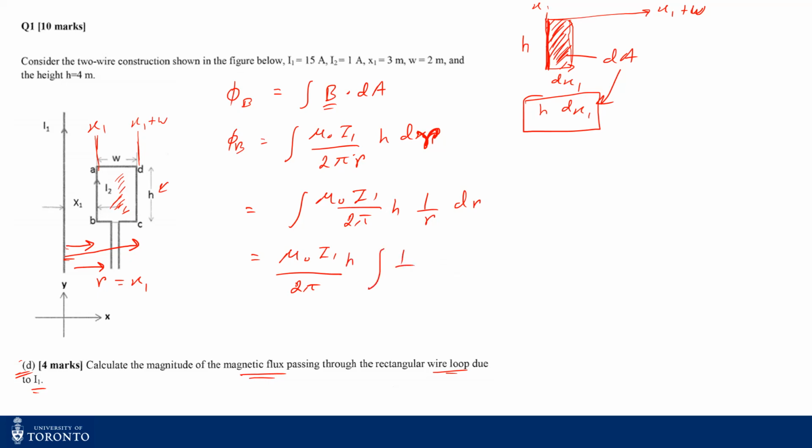Then the integral of 1 by r will give me ln. So I'll have mu naught I1 h over 2 pi times ln of r, with the integral limit from x1 to x1 plus w. So that's my phi B. What's the unit? It's Weber.